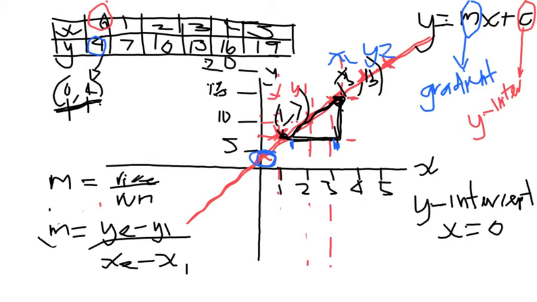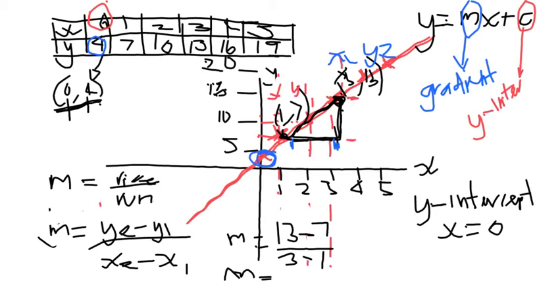Now all we have to do to find the gradient is substitute these numbers into our equation. So m equals, what's our y2? 13. Take, what's our y1? 7. Over, what's our x2? 3. Take our x1, which is 1. Therefore, m equals, what does it equal?